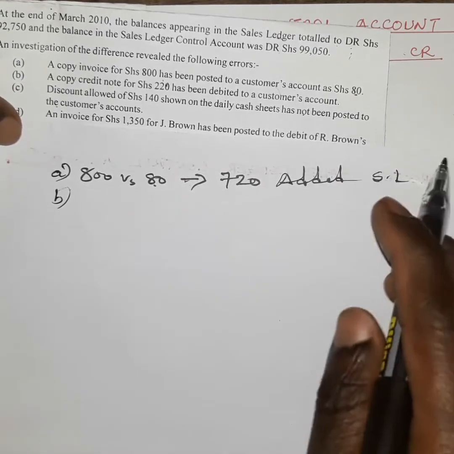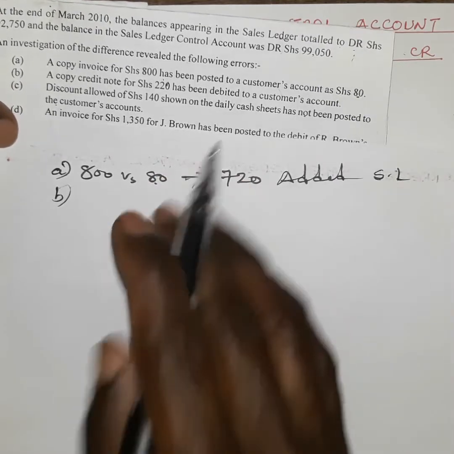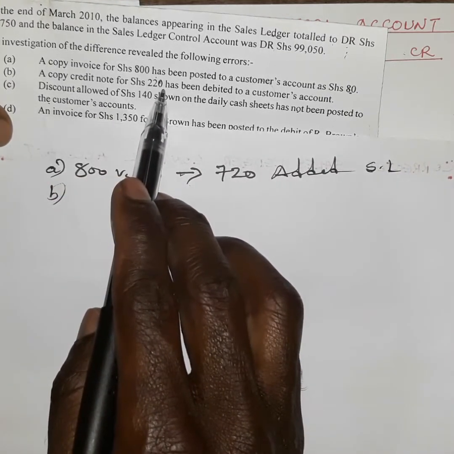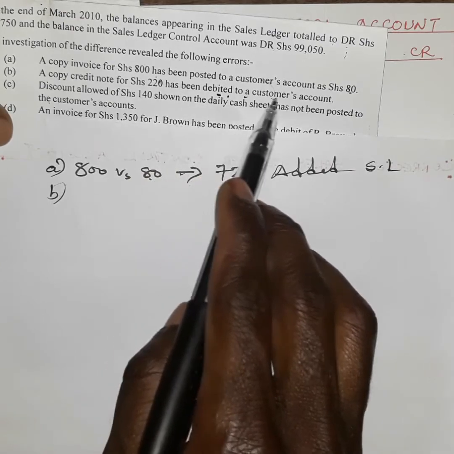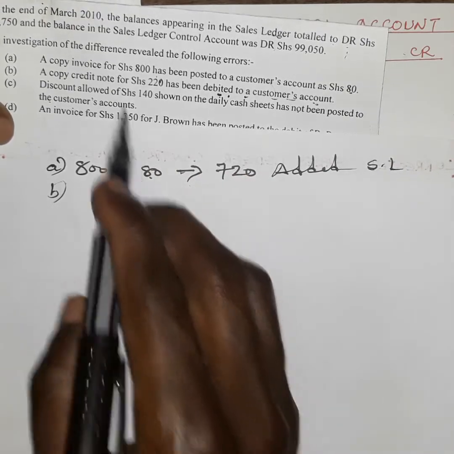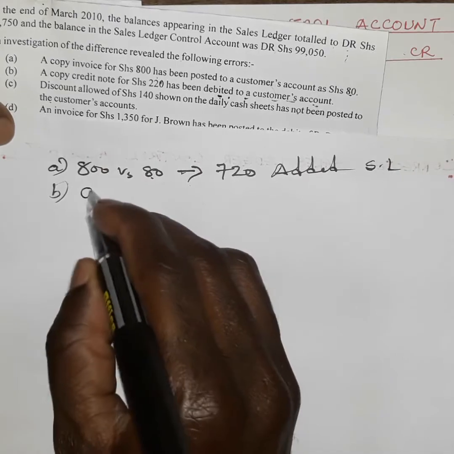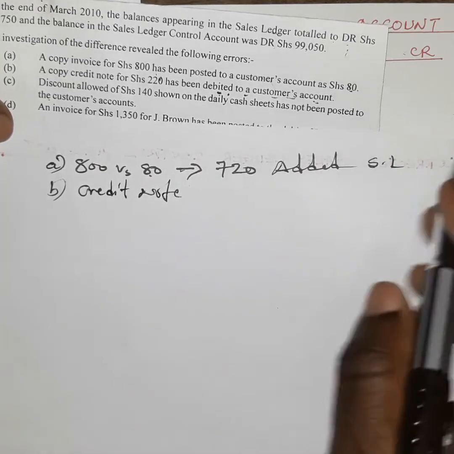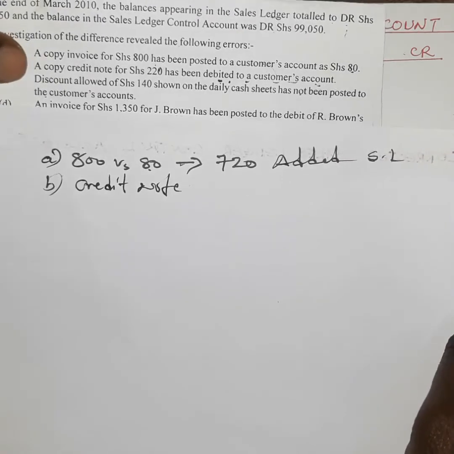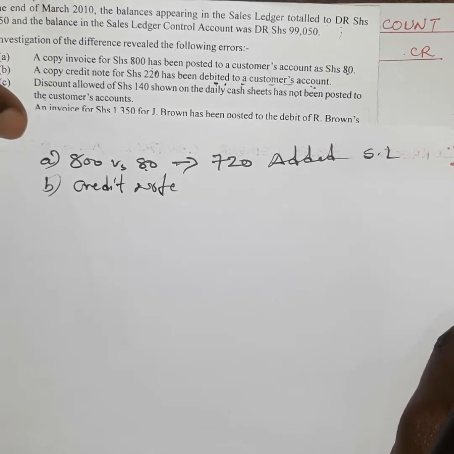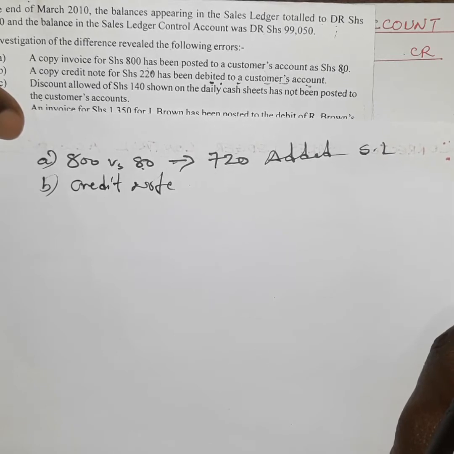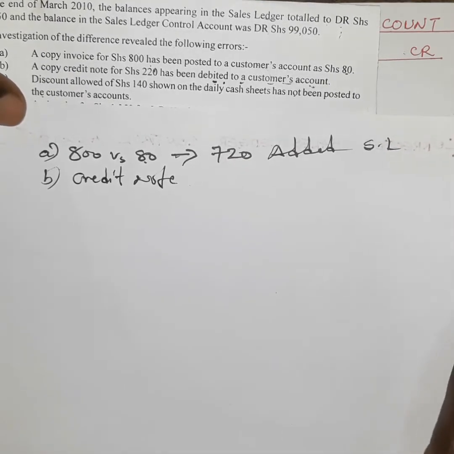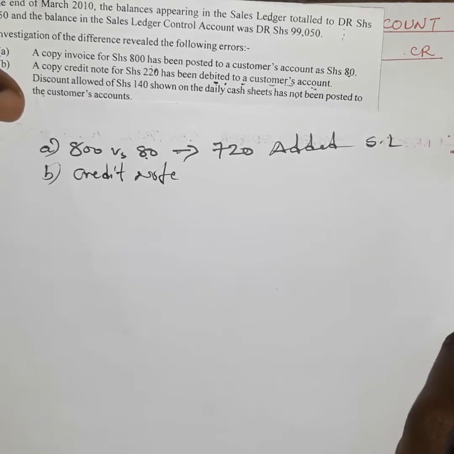We see what happens. A copy credit note for 220 shillings has been debited to a customer's account. Now, when do we have a credit note? We have a credit note under circumstances where a customer's account had been overcharged, and therefore we are trying to reduce that customer's account.